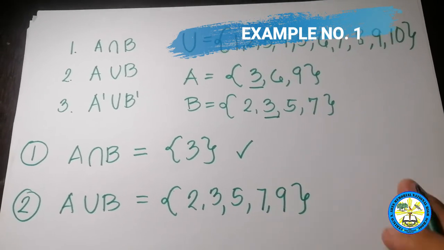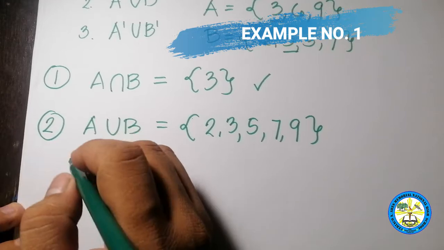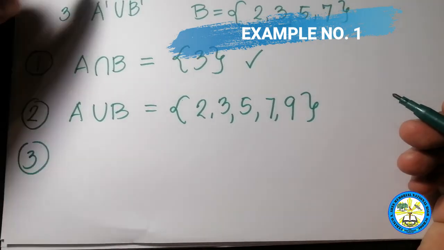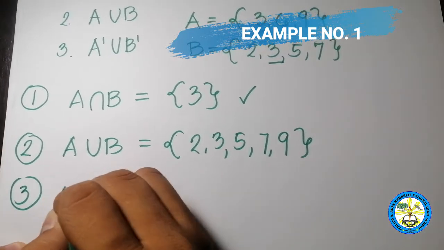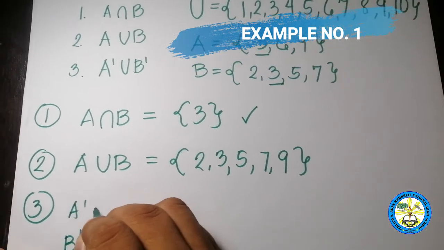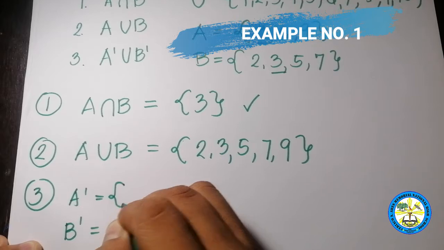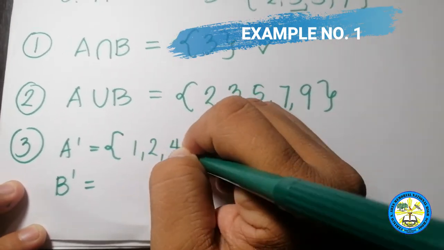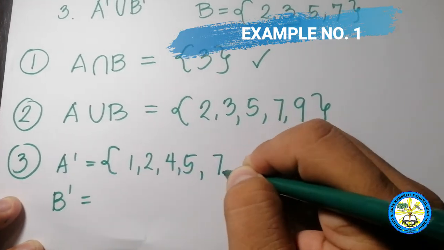So for our number 3, we need to identify first the complement of A and the complement of B. So we write A prime and B prime. For A prime, we have 1, 2, 4, 5, 7, 8, and 10.